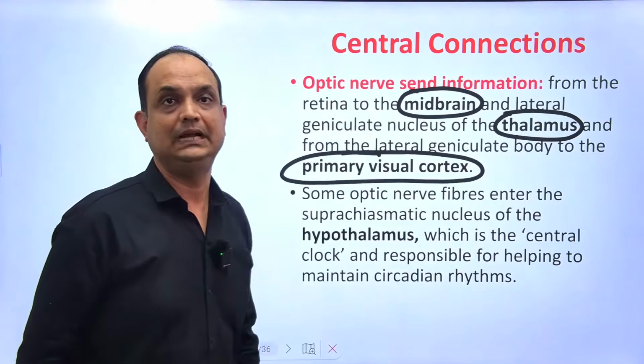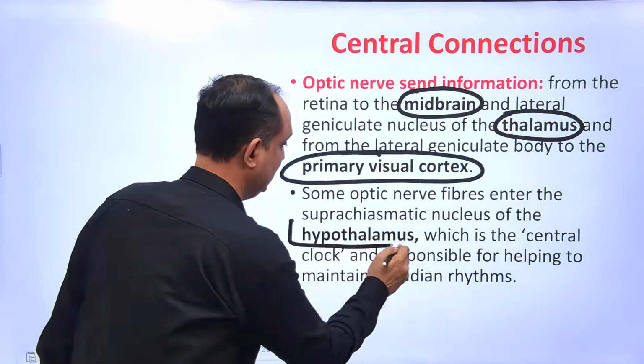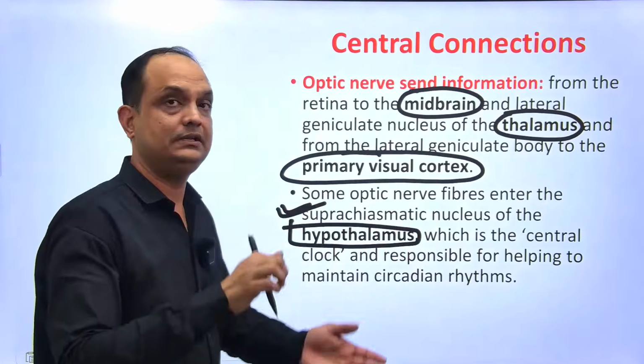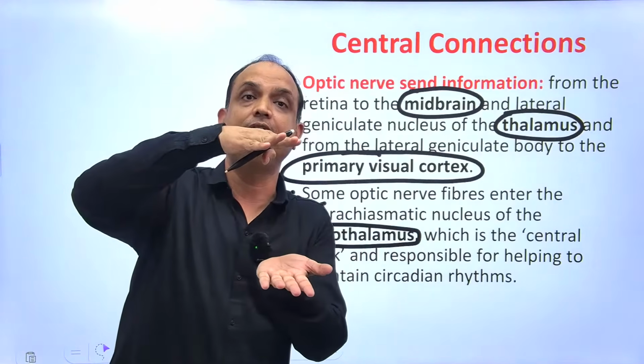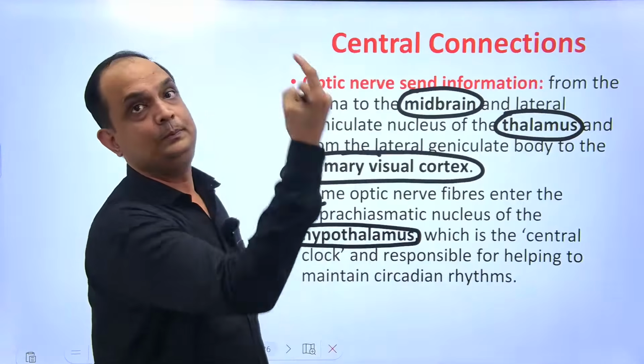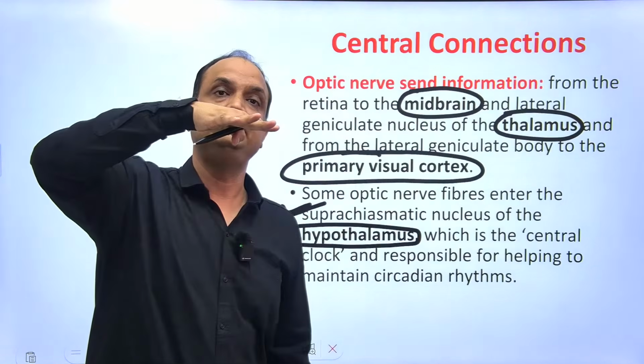But apart from that, there is one important connection, and that is with the hypothalamus. There is a suprachiasmatic nucleus present just above the optic chiasma. So some fibers will enter the superior hypothalamus. The hypothalamus is superiorly related with the chiasma.